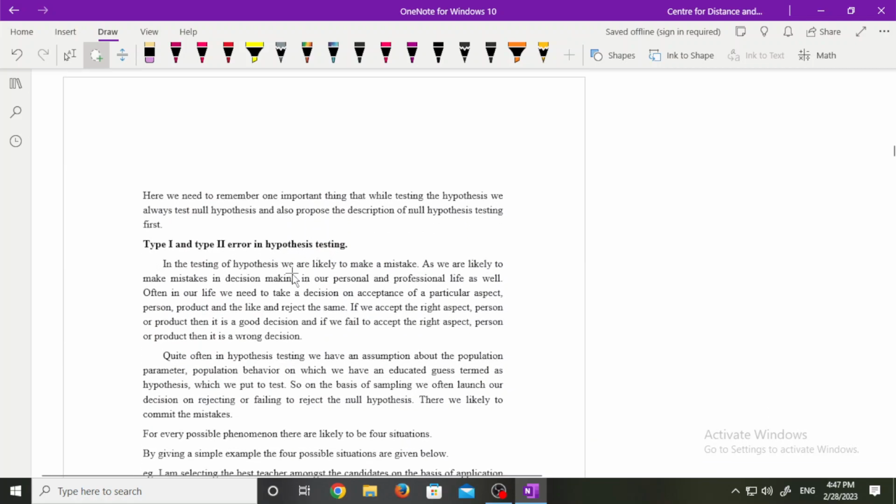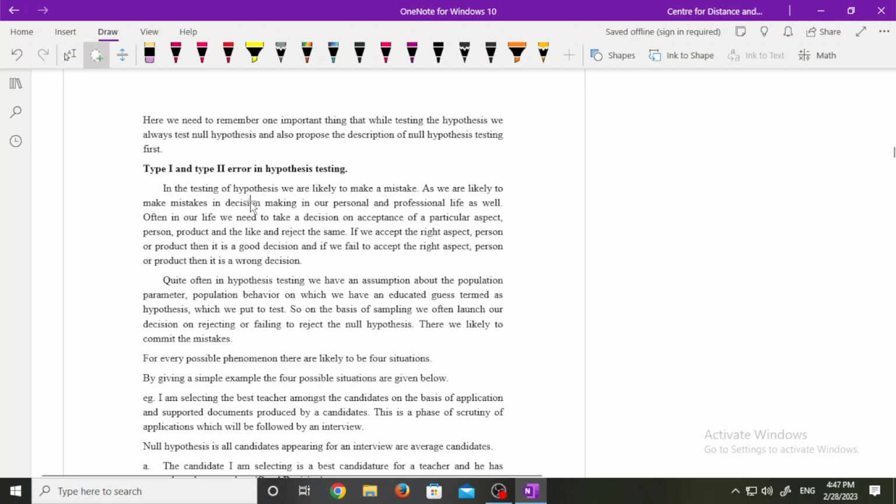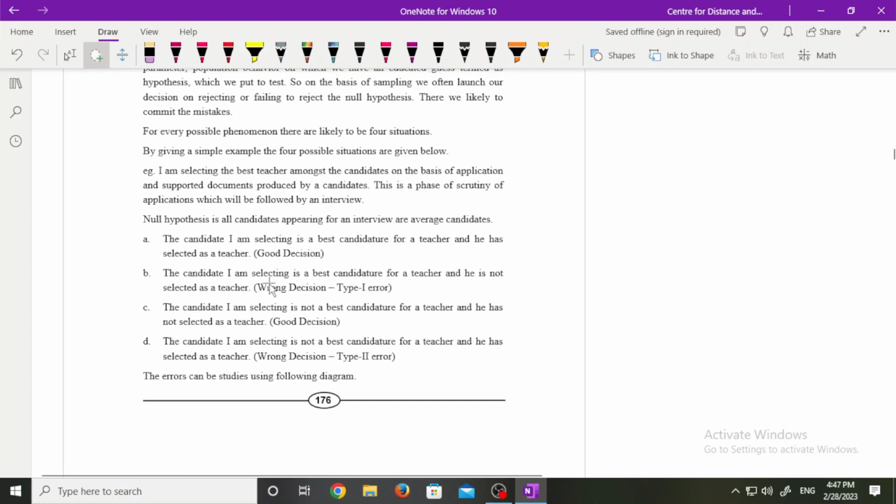Then there are type 1 and type 2 errors in hypothesis testing. For example, the candidate I am selecting is the best candidate for a teacher and he has been selected as a teacher.